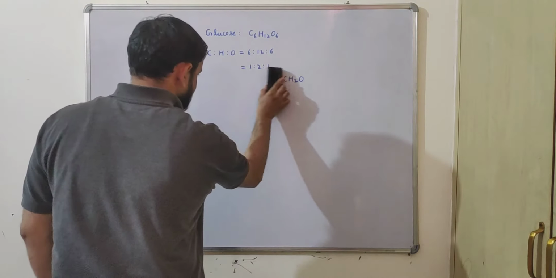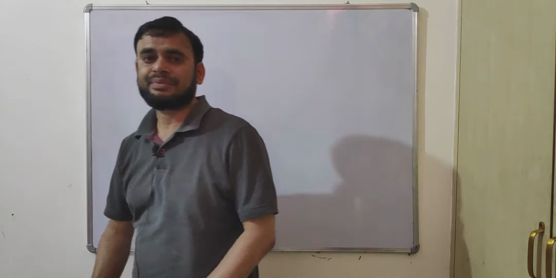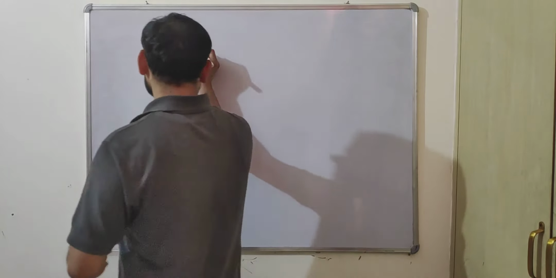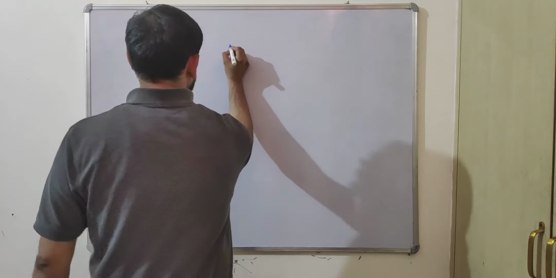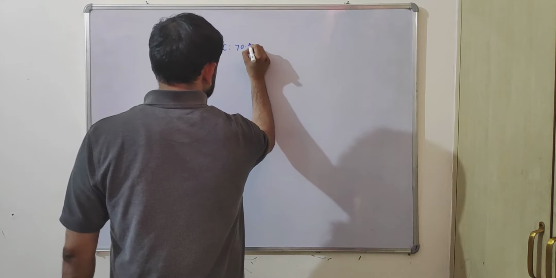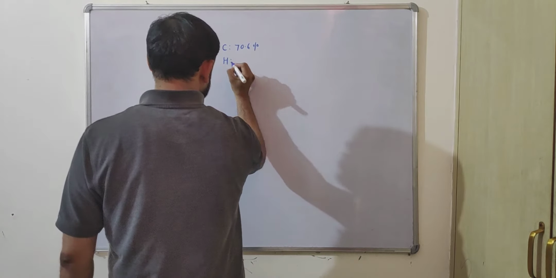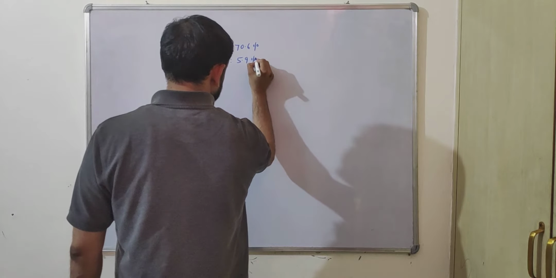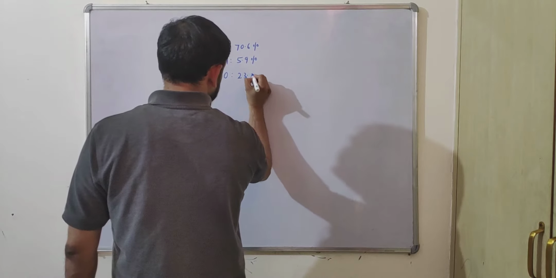Now let us take the example in which we have to find out the empirical formula and molecular formula of a compound X that has mass percentage of carbon 70.6%, hydrogen 5.9% and oxygen 23.5%.